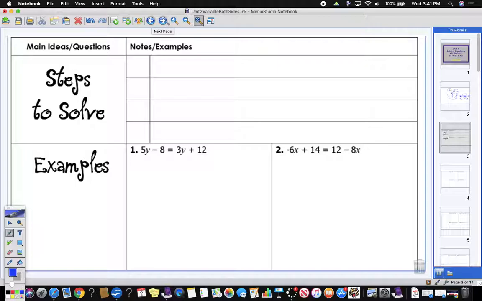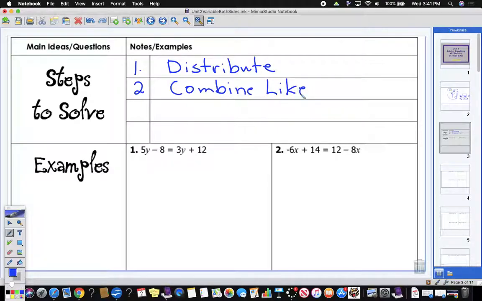As with other equations, there's certain steps of order we need to do first. The first step we do in any equation where the variable's on both sides, we use the distributive property. We distribute if there are parentheses. The second step is we combine like terms. So any terms that have the same combination of letters, we add and subtract them, or constants.